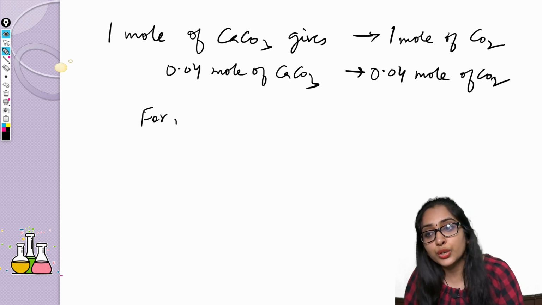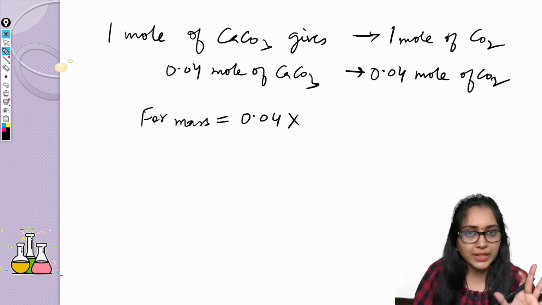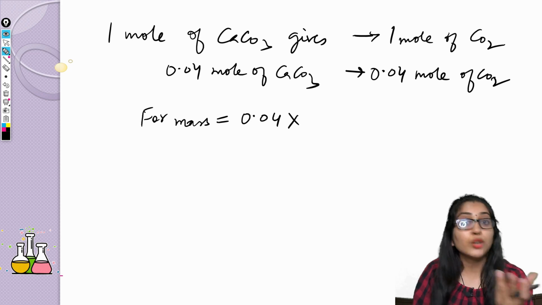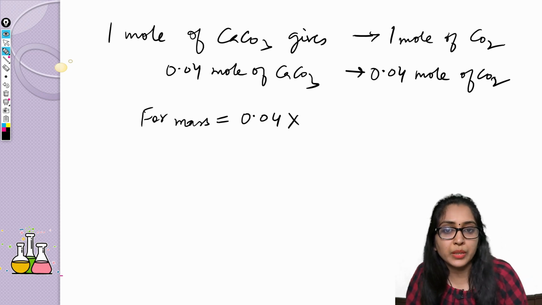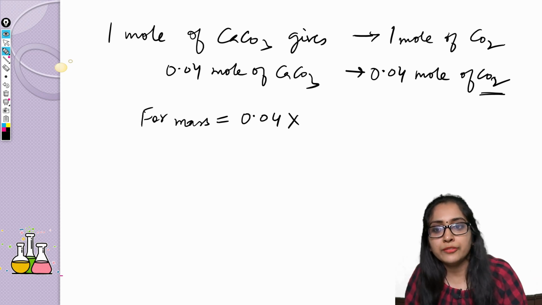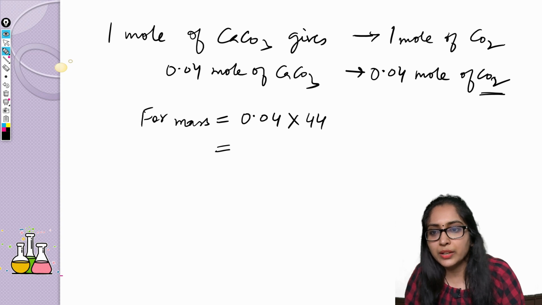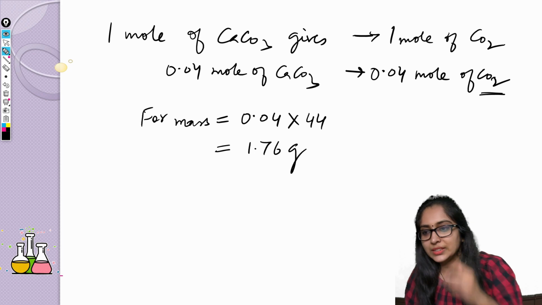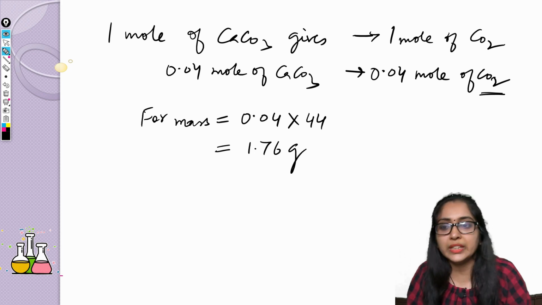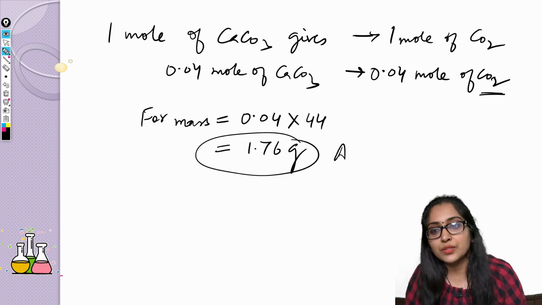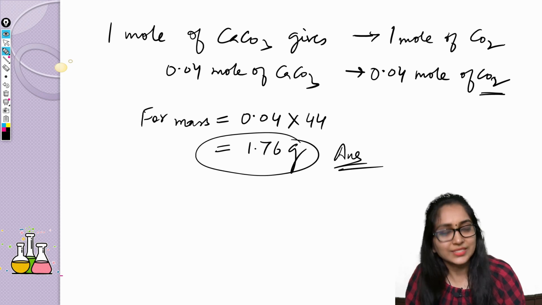And for mass, here comes mole concept: 1 mole is equal to atomic mass or molecular mass. Here you have been given CO2, which is a molecule. So 0.04 into 44, where 44 is the molecular mass of CO2. Now you will calculate 1.76 gram. Simple. So out of the options given, 1.76 gram is the answer.